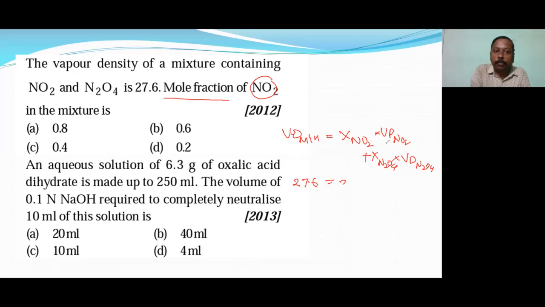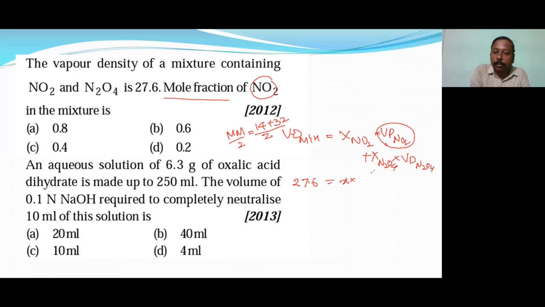X into the vapor density of NO2. Vapor density of NO2 means molecular mass of NO2 divided by 2. The molecular mass of NO2 will be 14 plus 32, that is 46. 46 by 2 is 23.